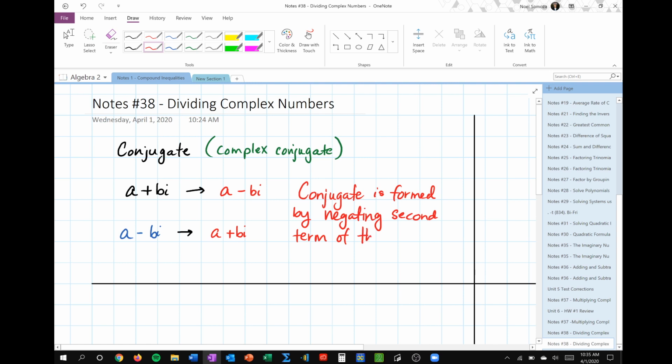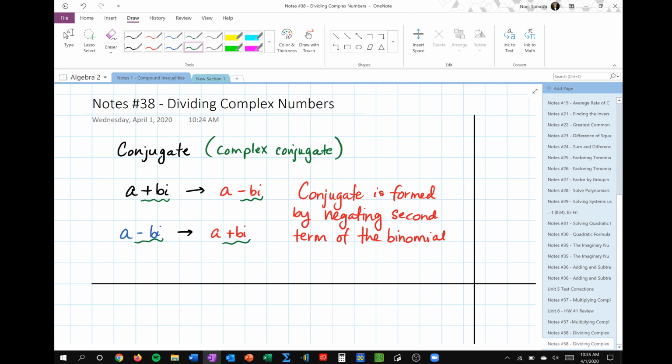I'm calling it a binomial because you have two terms. So it's basically just negate the second term. That's really all that changes when you're looking for a conjugate. Today a lot of what we're going to do is utilize conjugates to be able to divide these complex numbers.